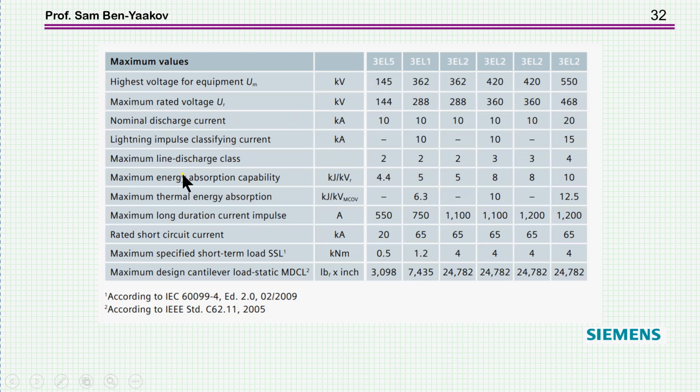We are talking about currents that for striking of 550 amp to 1.2 kiloamp, and of course capability of short time pulses, very high current, 20 kiloamps to 65 kiloamp. And these are just mechanical parameters.